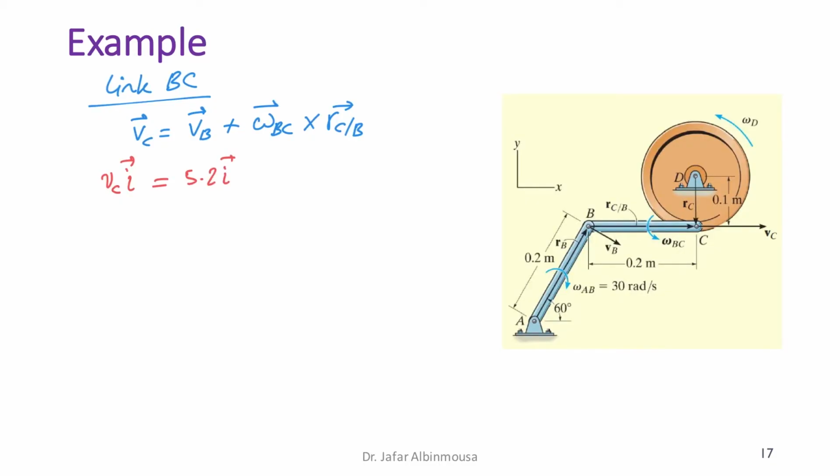So this is 5.2 I minus 3.0 J plus, what is omega? Omega is unknown.